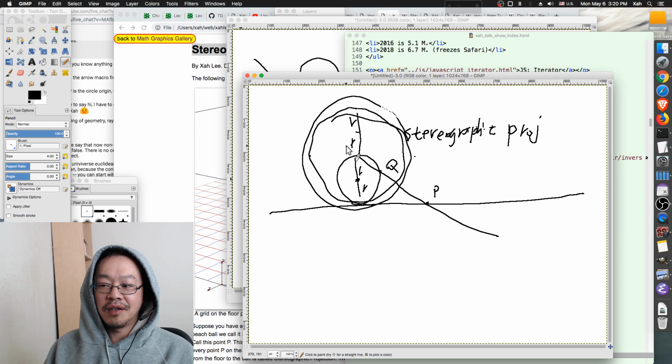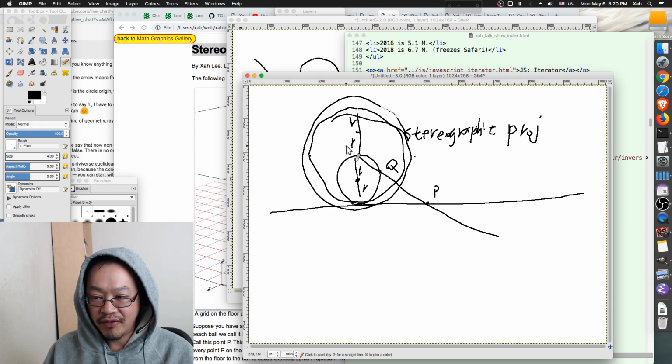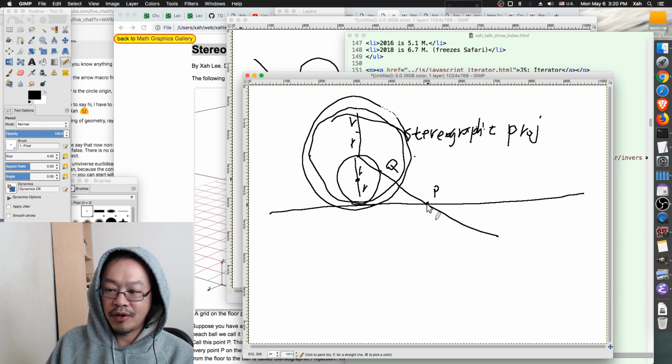Now we are going to do a geometric inversion of this point P. Can you see that? We are doing a geometric inversion of this point P with respect to this large circle.